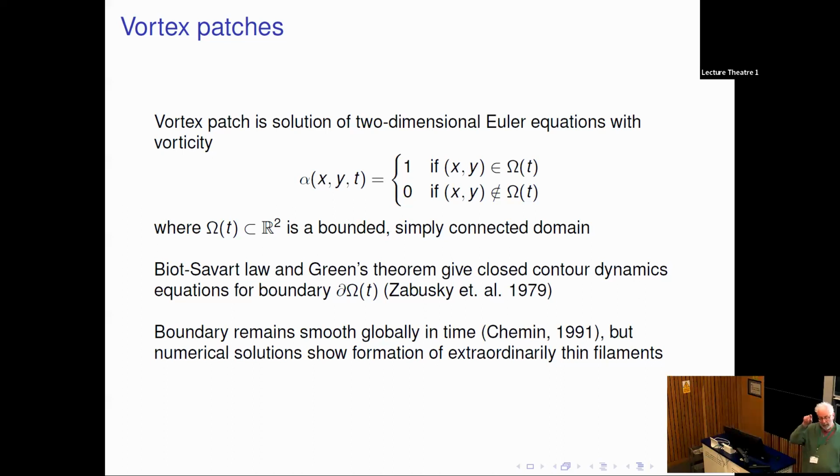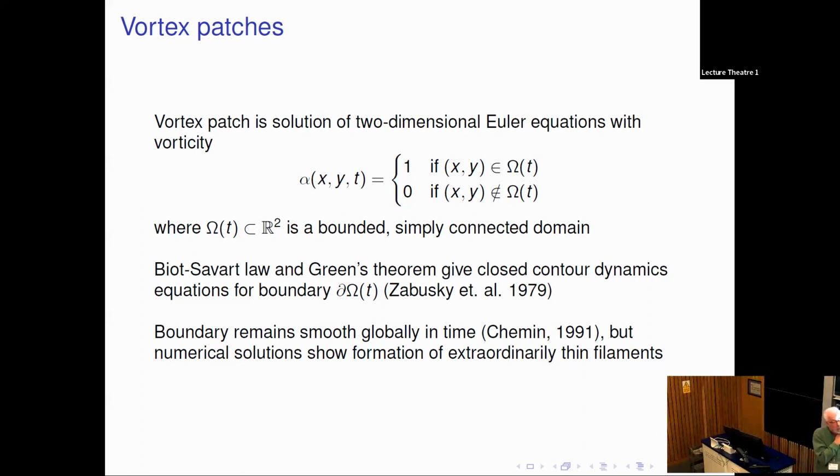Given the location of the vortex patch, you can reconstruct the velocity field by applying Green's theorem, which is essentially the Biot-Savart law. Then you move the boundary of the patch with that velocity, and you get a closed set of equations for how the boundary moves around. That's the idea of contour dynamics introduced by Zabusky.